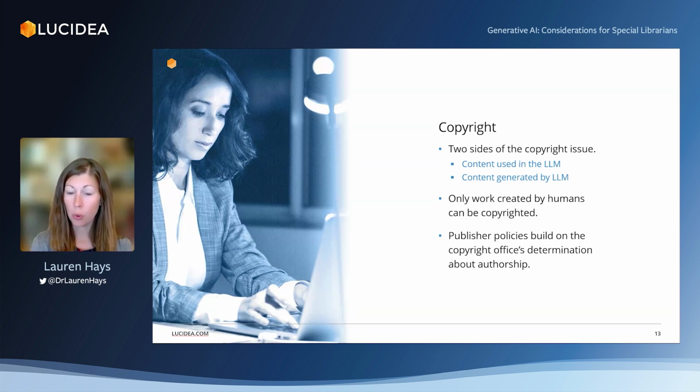So authorship can only be given to work created by humans. They can be the only authors. But many publishers have started creating policies that say, just like the Copyright Office is asking, that authors must disclose the inclusion of any AI-generated content and how they used it, even if it is to help with grammar and syntax. That must be disclosed.